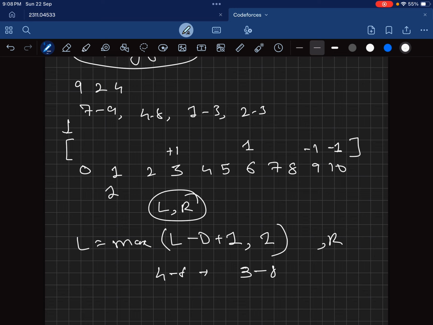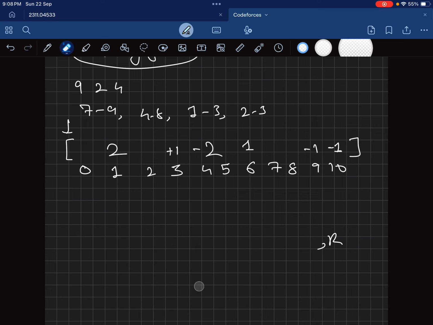Next we have 1 to 3: we get plus 1 at 1 and minus 1 at 4. And for 2 to 3 we will again have plus 1 at 2 and minus 1 at 4. Okay, so now once we have this array, what is so special about this array?